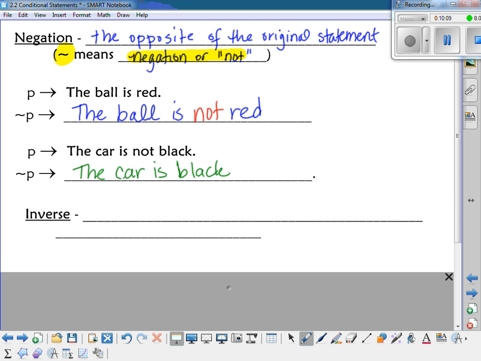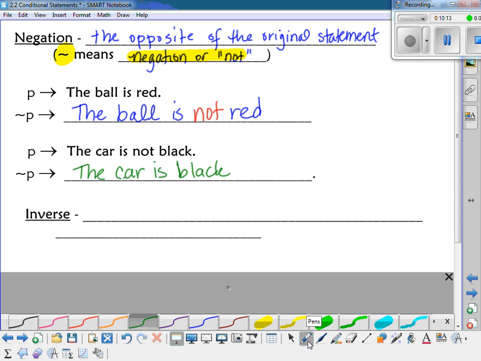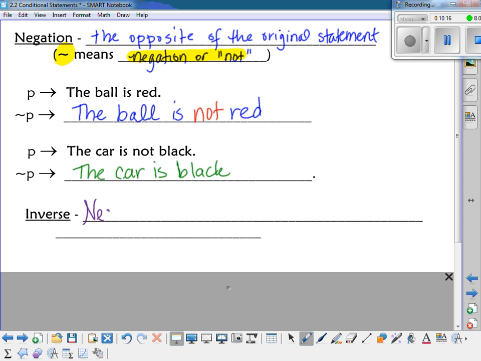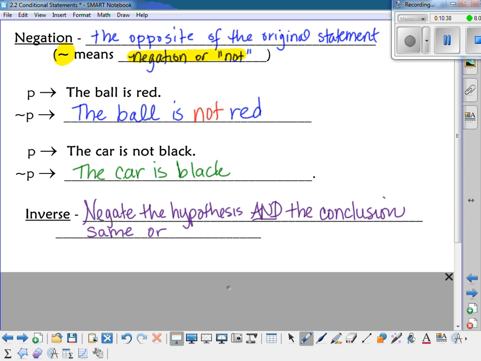The inverse is when we negate the hypothesis and the conclusion. Make sure you do both of them. And these are in the same order. We haven't changed the order for the inverse.